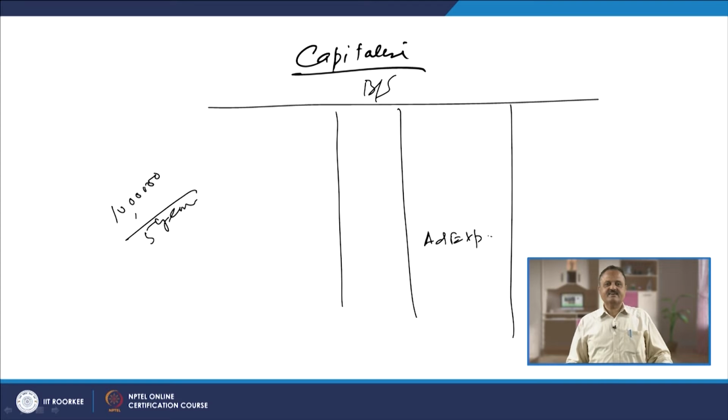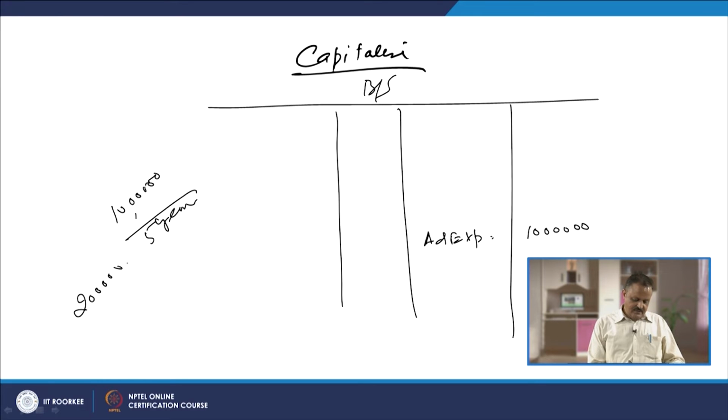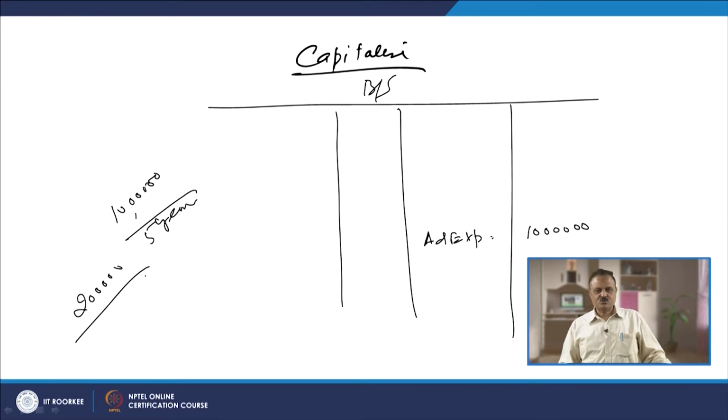You call it a fictitious asset also, a deferred revenue expense or a fictitious asset sometimes. So, it is 10 lakh rupees, and we will show it in the balance sheet as 10 lakh rupees, and now we will divide it by 5 years. So, in 1 year the amount is 2 lakh rupees. With this, in the first year only 2 lakh rupees will be taken to the profit and loss account.